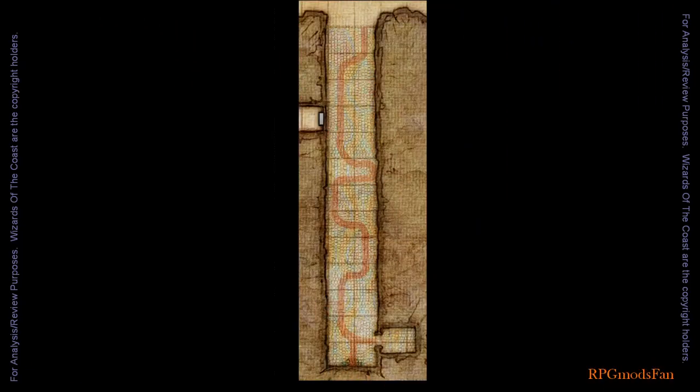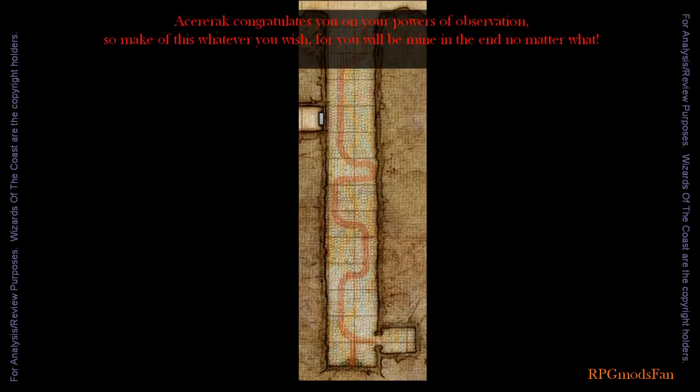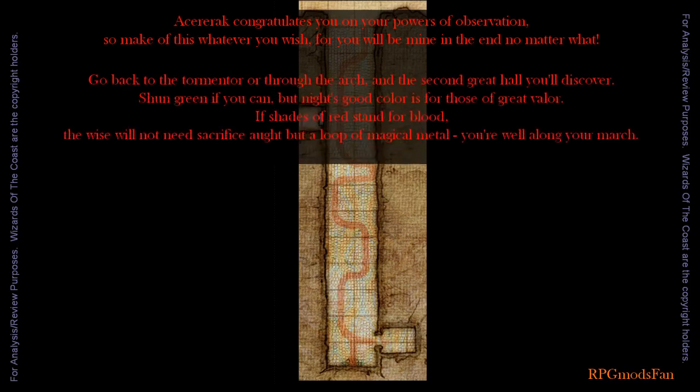It says, Acererak congratulates you on your powers of observation. So make of this whatever you wish, for you will be mine in the end, no matter what. Go back to the Tormentor, or through the Arch, and the second great hall you'll discover.